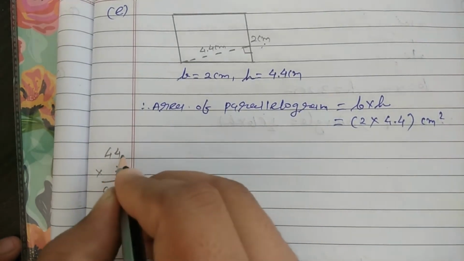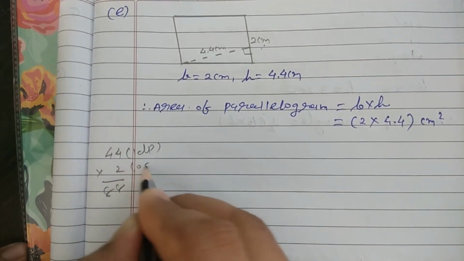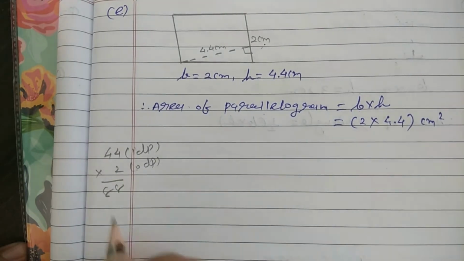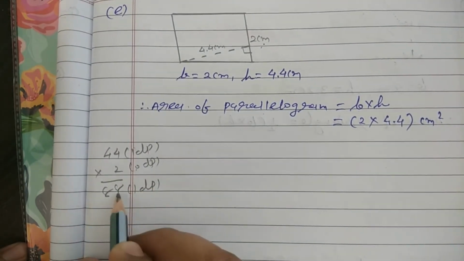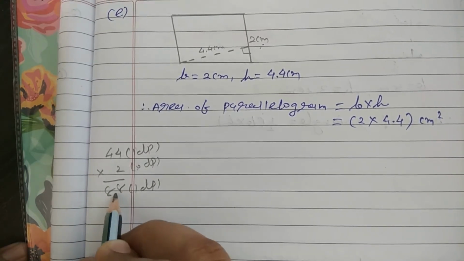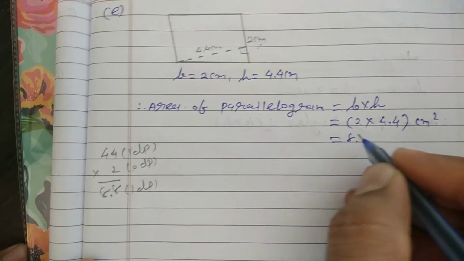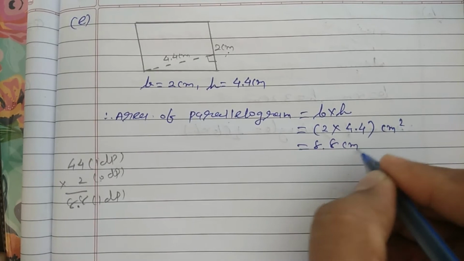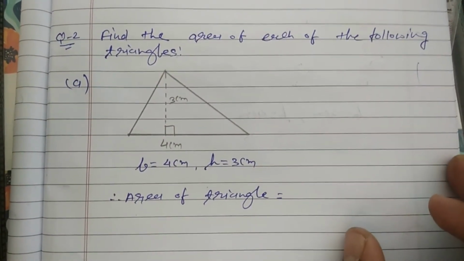In 4.4 we write 1 decimal place, and in 2 there are 0 decimal places, 1 plus 0 is 1. So our answer will come in 1 decimal place, and therefore before 8 in the unit place we will put the decimal point. So therefore our answer is 8.8 centimeter square.